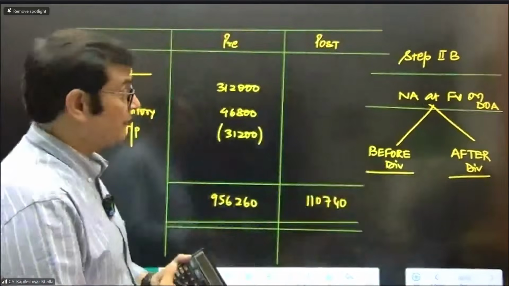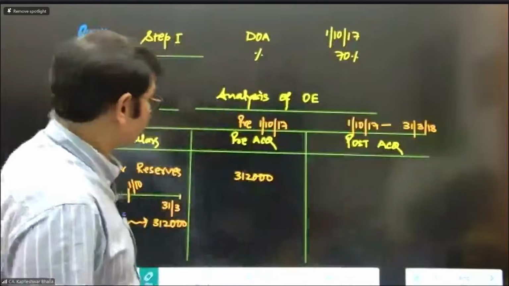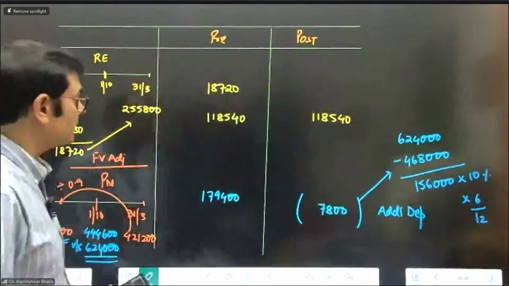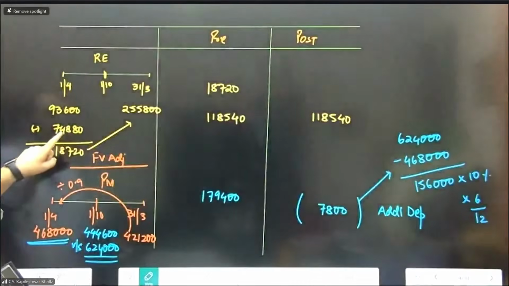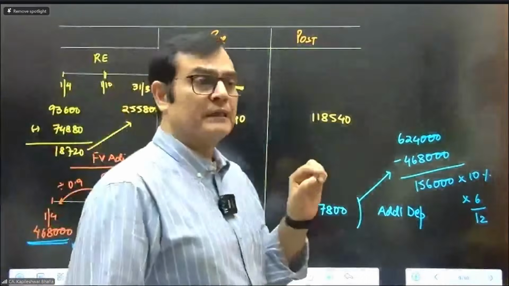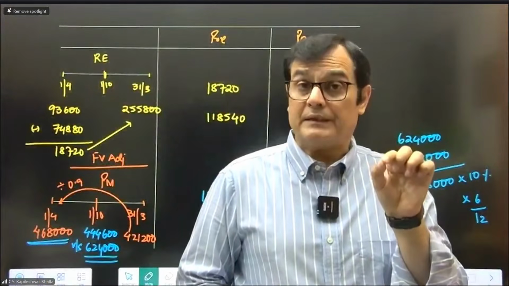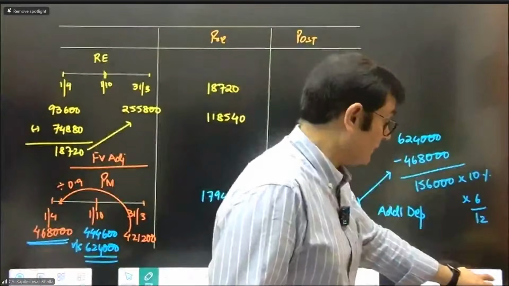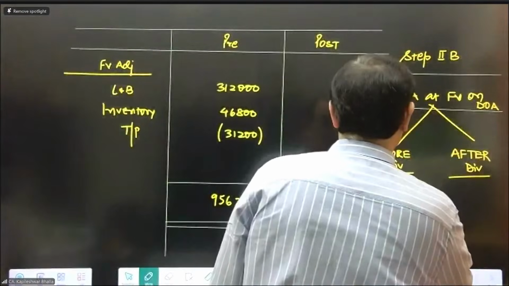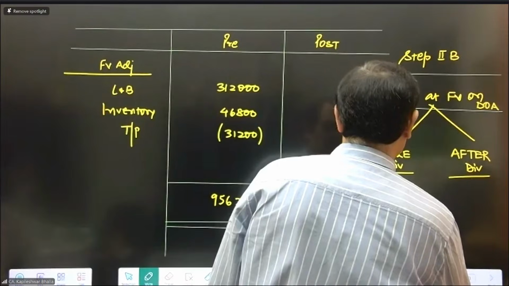But let's first organize. In this particular analysis, when we were doing the calculations of the retained earnings, we already made a reduction of this dividend. So this other equity is already after reducing the dividends. We add the equity share capital and the other equity which is pre-acquisition.